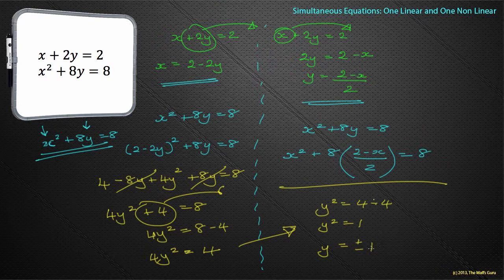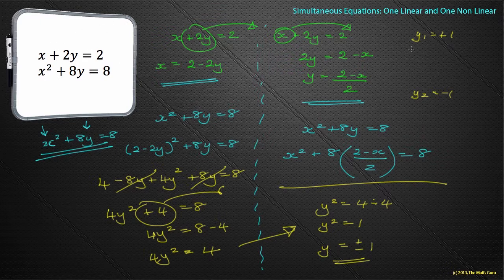Now, I hope you realize that when you square root, you get two values. All right? A lot of people make a mistake here and they just get one value. So having now got two values of y, where I've got y1 is equal to plus 1, and y2 is equal to minus 1, I go back and use my equation here and say, well, let's do some substitution.